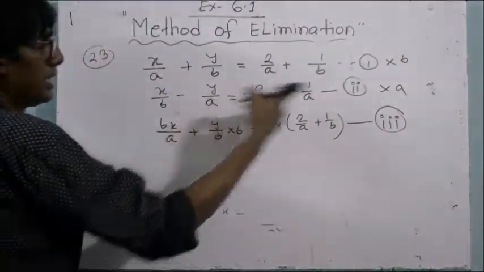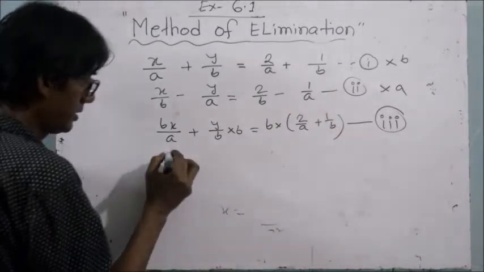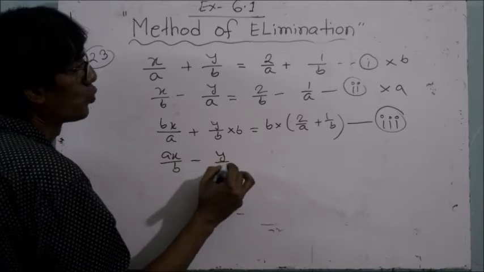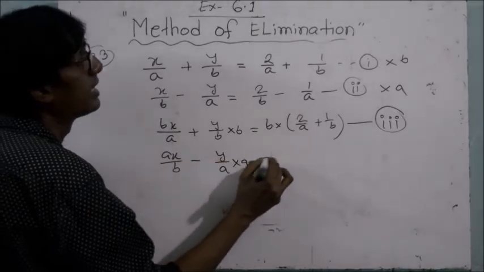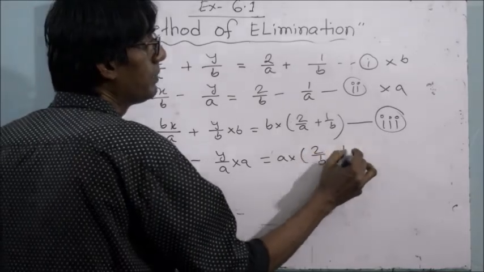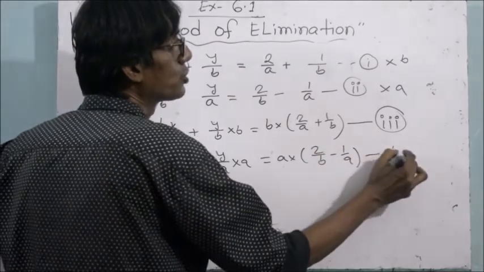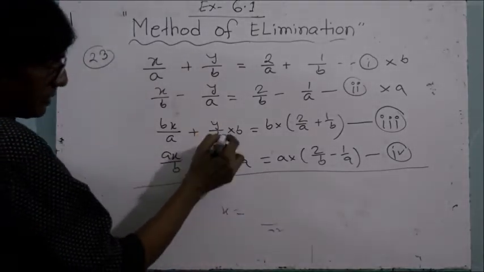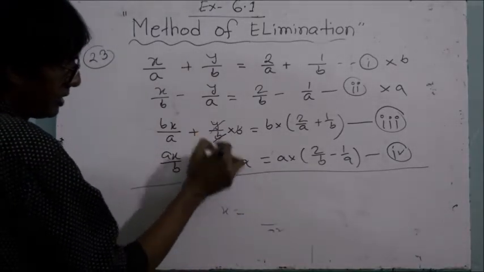Again, if I multiply by a, then a into (x by b minus y by a) equal to a into (2 by b minus 1 by a). This is equation number 4. Look here, the same, y is omitted.